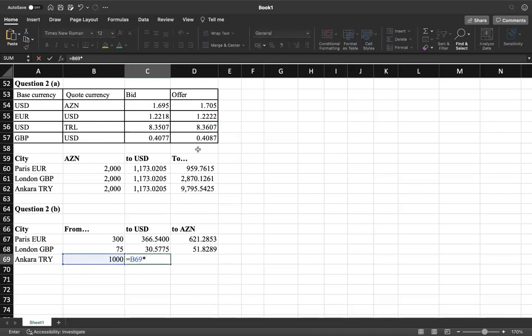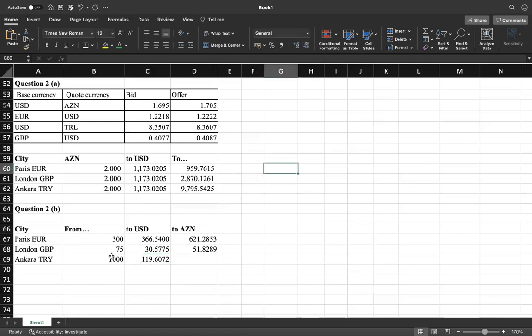I'm sorry, it should be divided by. Okay, because dollar is more valuable. Again, I'm repeating. I am selling my Turkish lira and buying USD, and one USD price is given, and I should use offer price because I can buy USD at this rate, offer rate.